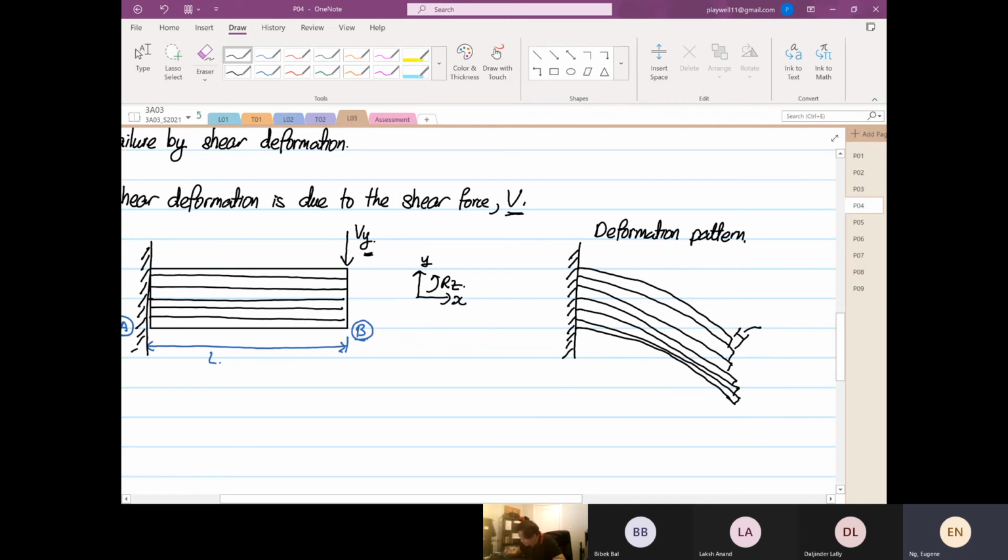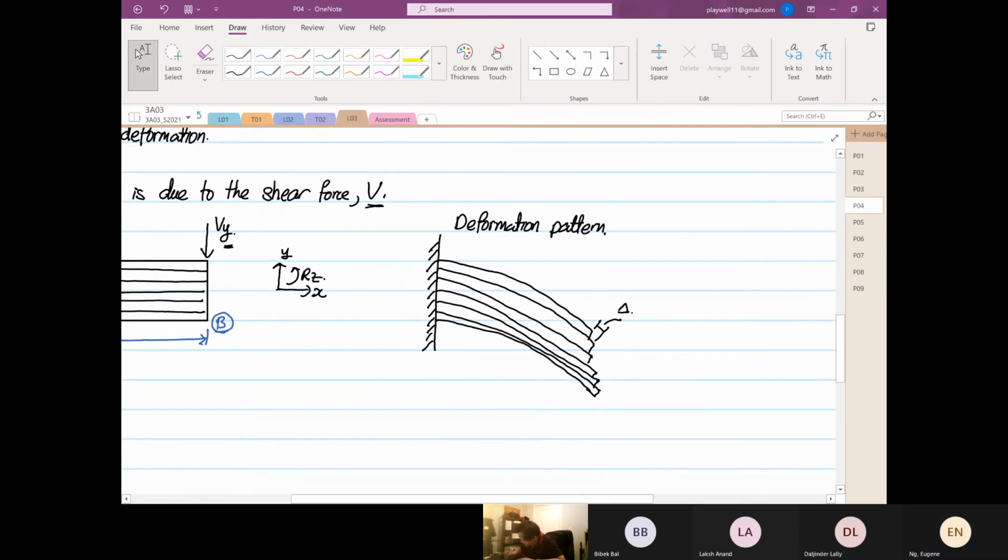So this is our delta. The delta is due to the slip induced by the shear stress.